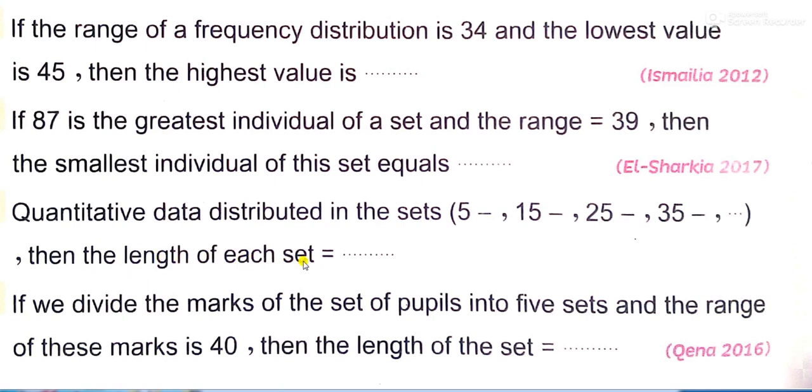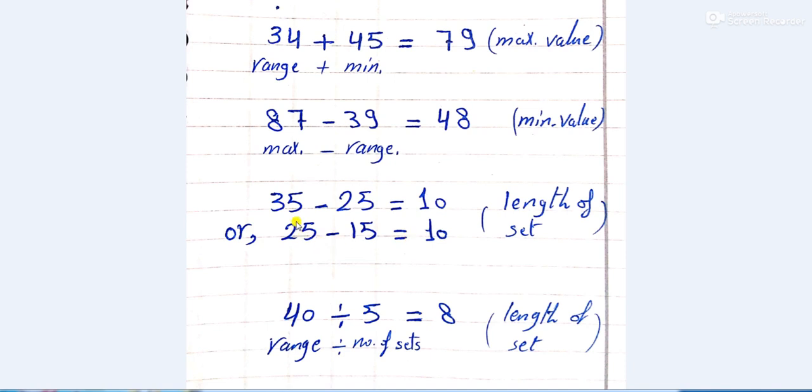Then the length of each set: every time the set increases by 10, so the length of the set will be 10, and we find it by subtracting any two consecutive sets. 15 minus 5, 25 minus 15, 35 minus 25, all of these give us the length, which is 10.